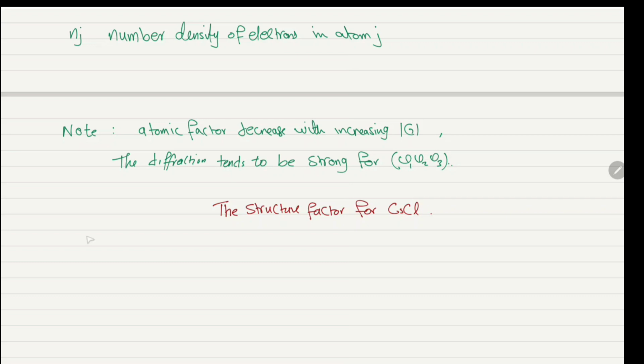So let's name cesium as atom A and chloride as atom B. Now the atomic position r_A for the cesium is equal to 0, 0, 0 times the lattice constant a, and the atomic position for the chloride, which is B in this case, is equal to half, half, half times the lattice constant a.